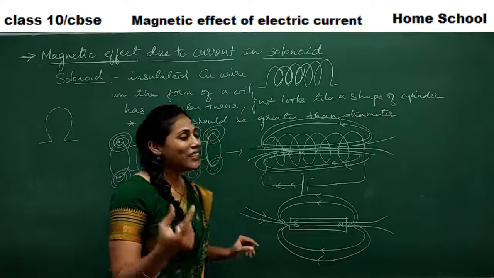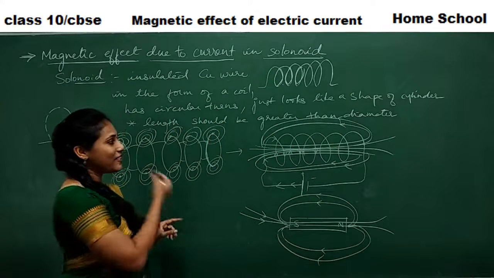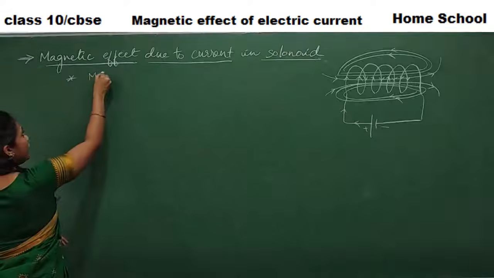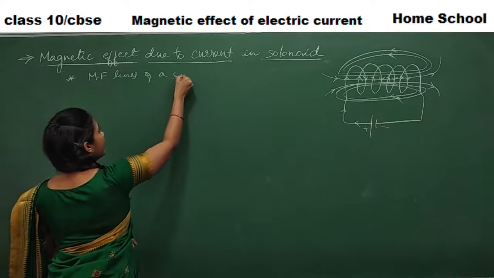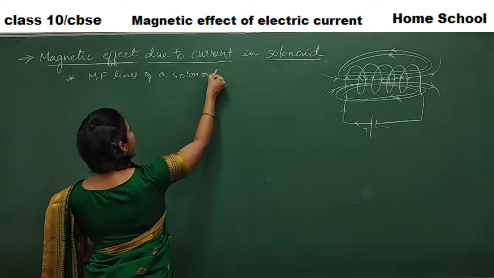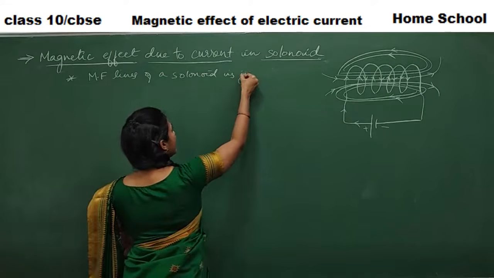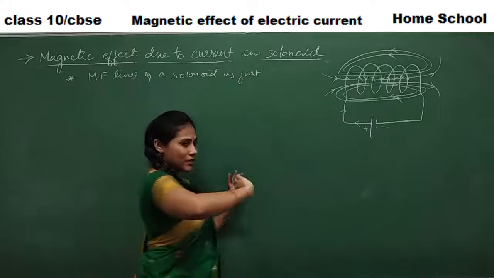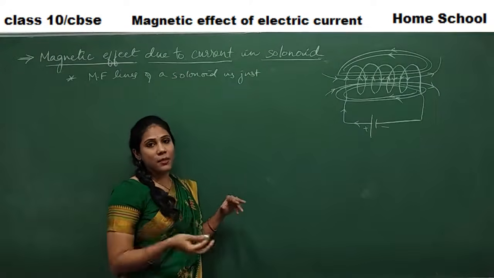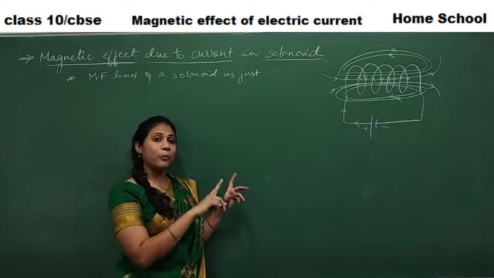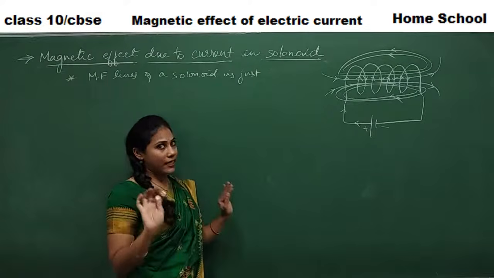Okay, and now let us mention this point here. Magnetic field lines of a solenoid are just like a bar magnet. Note down all these points, because questions can be asked on these in the board examination. Each and every point that I write on the board is very important.